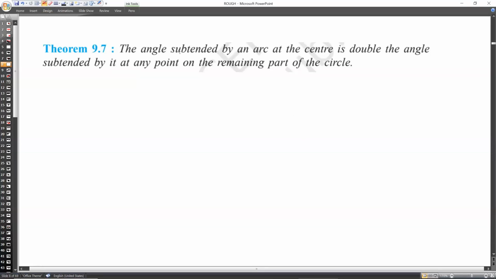What does it say? The angle subtended by an arc at the center is double the angle subtended by its remaining part of the circle. So what it is saying here is, let's suppose the angle subtended by an arc at the center. Just a minute. What we need to do here is draw the circles.